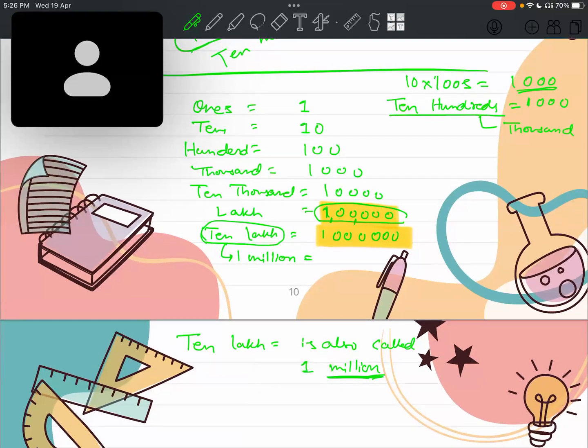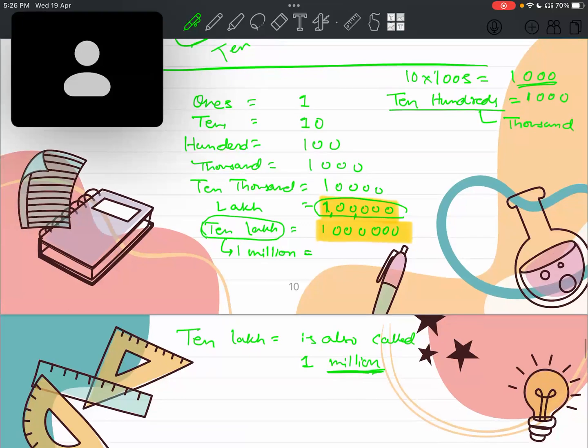Why not? Look at this. 10 hundreds, 10 multiplied by hundreds will give you 1,000.